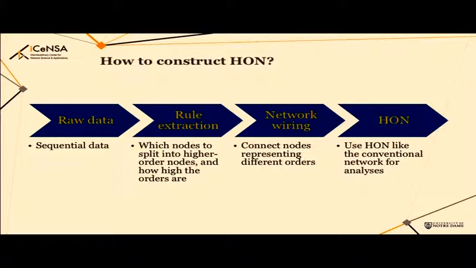So I'll take the raw data, and now I'll start to represent the network for it. Then the question becomes, which nodes should split into higher orders, and which nodes should not? And if I'm splitting some nodes into higher orders, what level of higher order should they be splitting into? And then I do the rewiring of the network, and I develop my algorithm. I develop a higher order network.